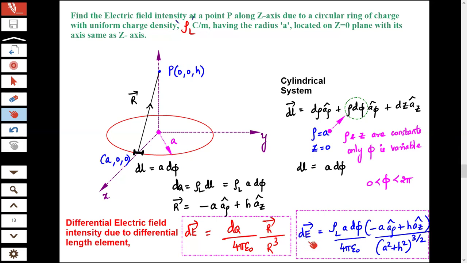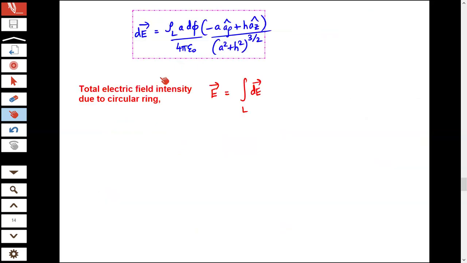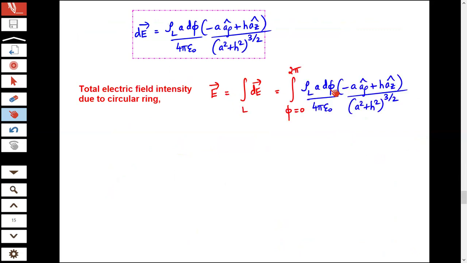We have to integrate this dE over the entire range of phi to get the total electric field intensity due to the circular ring at the point P. This line integration is with respect to the variable phi. Before performing the integration, we have to consider the radial symmetry about the axis.